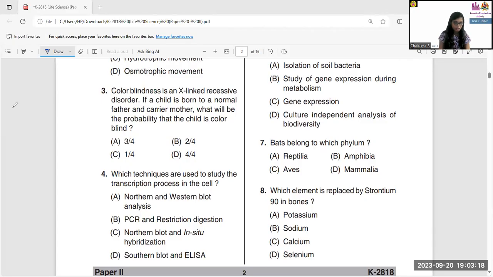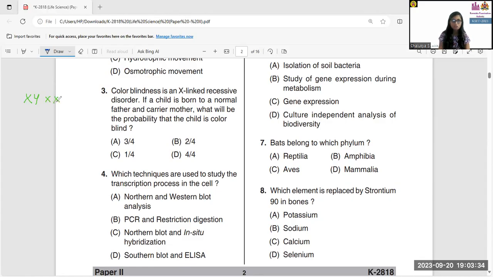The question says a child is born to a normal father, that is XY, and a carrier mother.